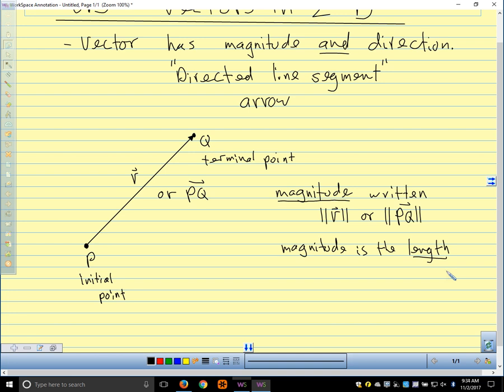If we're talking about how fast you're going, the magnitude would be your speed, 25 miles an hour. And then we turn it into a vector by taking into account the direction. We find the length using the distance formula. And we'll do an example here in just a second.